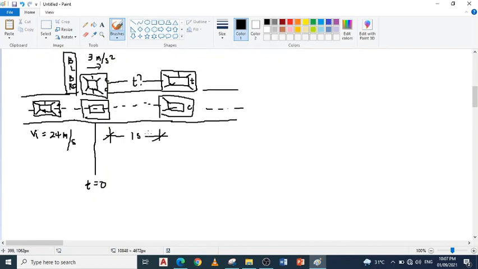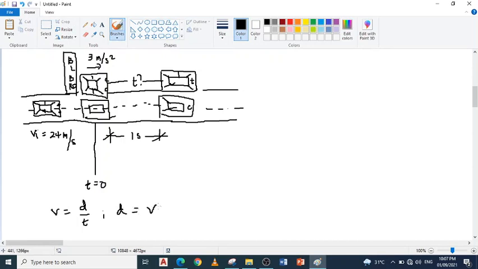So, at 1 second daw, since given yung velocity nito, di ba? So, yung initial distance nito, okay, initial distance after 1 second is equal to, since velocity natin is equal to distance over time, di ba? So, solve for distance.